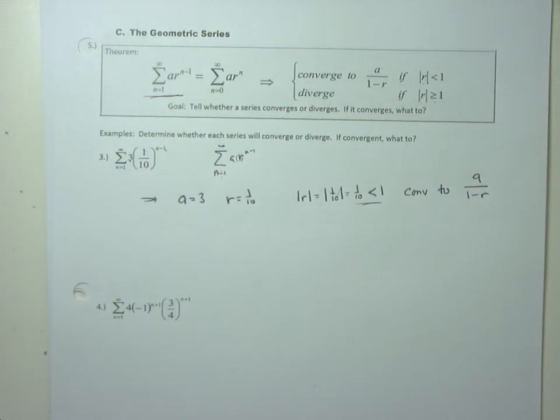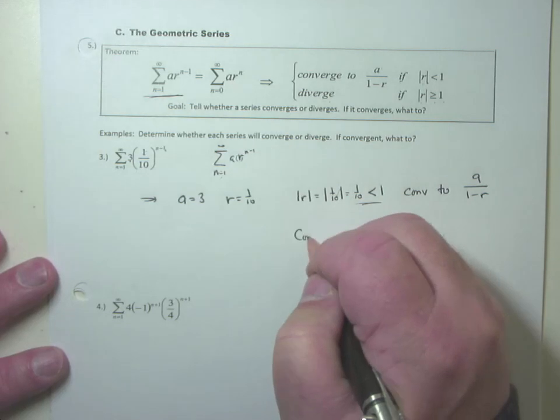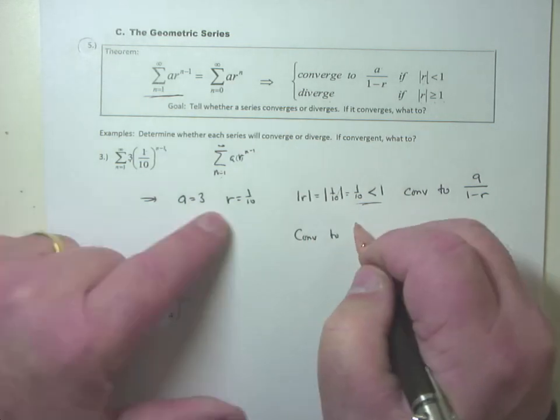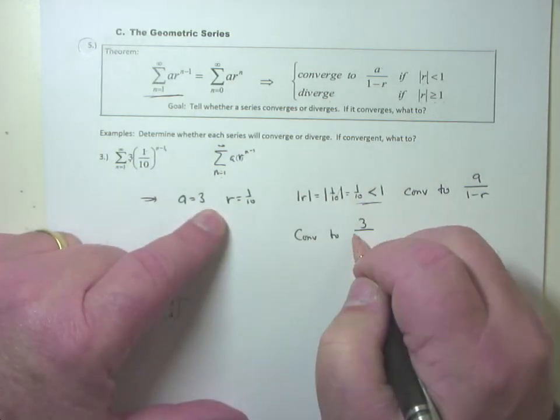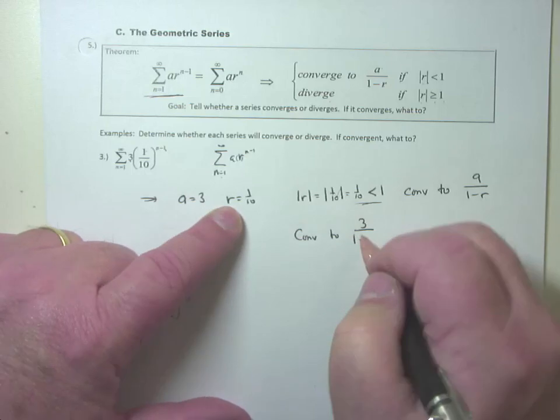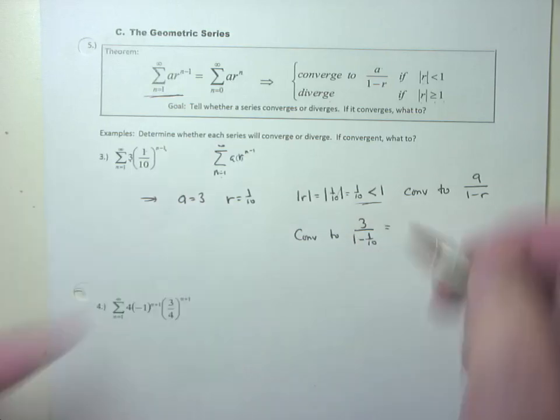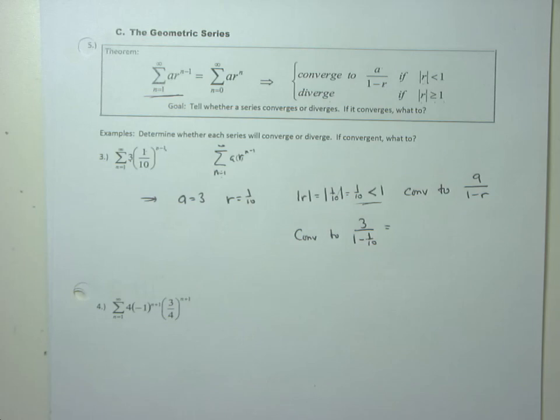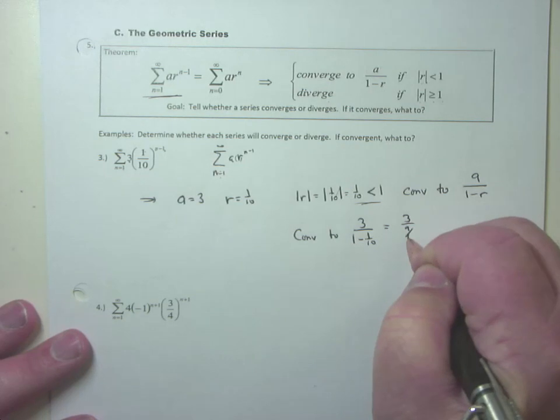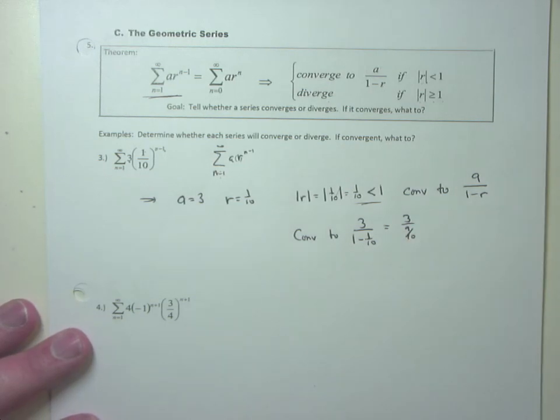Being less than 1 tells me this thing is going to converge to the formula a over 1 minus r. Now I plug my information into this guy. So this thing is going to converge to a is 3, over 1 minus r is 1/10. Let's do some basic math. What is 1 minus 1/10? 9/10. So this is 3 divided by 9/10. And when you divide by a fraction, to clean it up, you invert and multiply by the reciprocal.